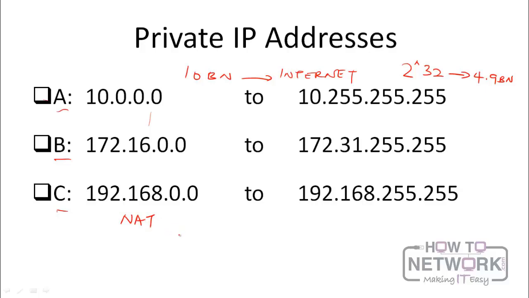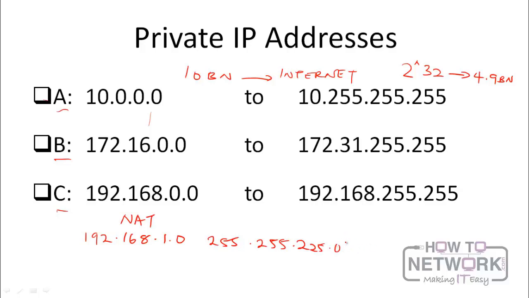So what really happens is that if you have a network of about 200 users, you can give them a Class C private address. For instance, let's say 192.168.1.0, and the subnet mask would be 255.255.255.0.